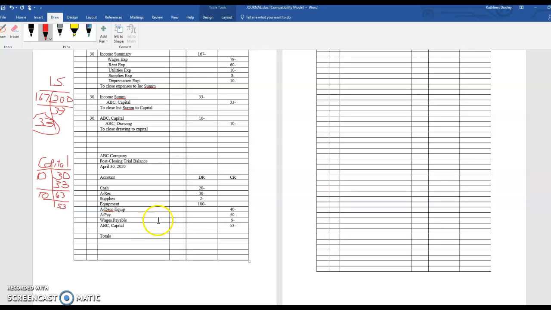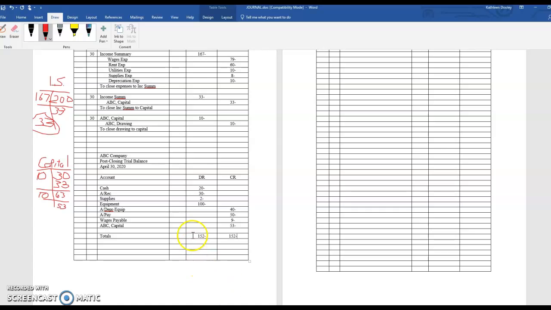Once I get these, now I can look at and get the totals, because the whole point of a trial balance is to make sure that my total debits equal my total credits. So when I add up my debits, I got 152. I add up my credits, 50 plus 53 is also 152.